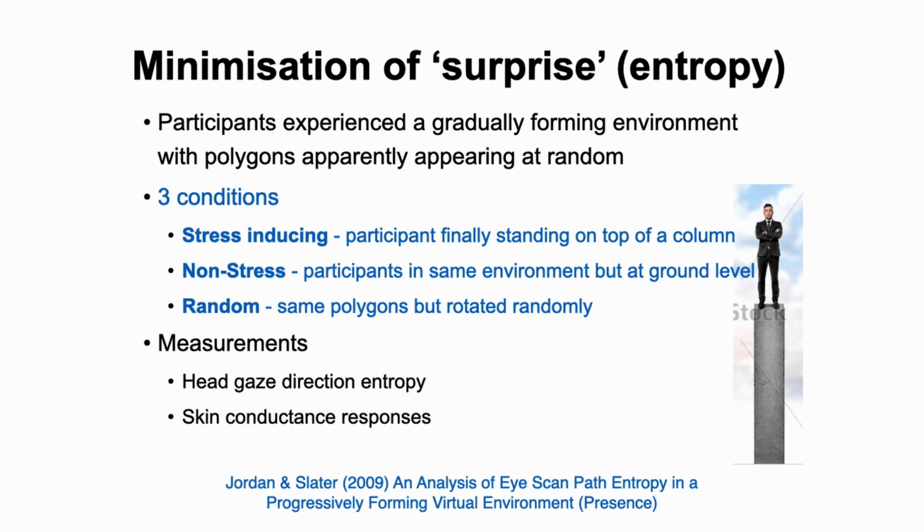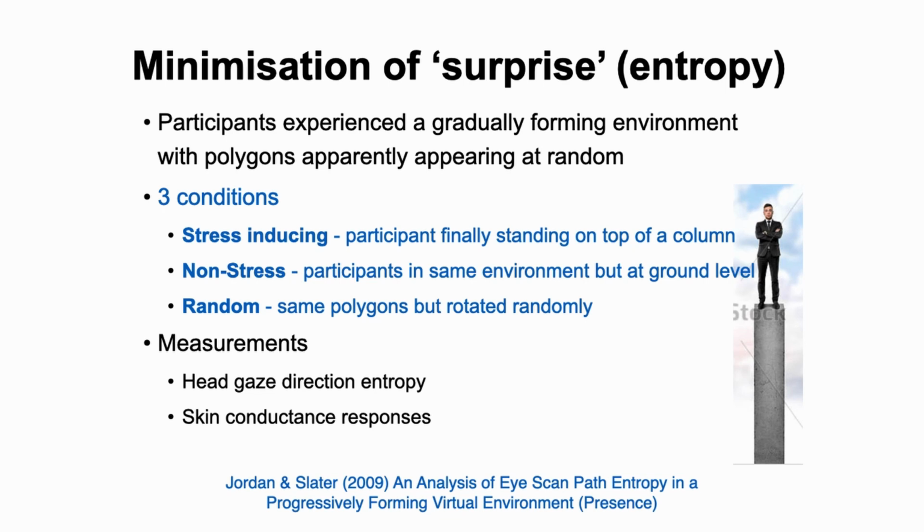In the non-stress condition, it was exactly the same. Participants were in the same environment, but the column was at ground level, so they weren't standing high up on a column. In the random one, the same polygons were used, but they were randomly rotated, so the environment in the end never came to mean anything.